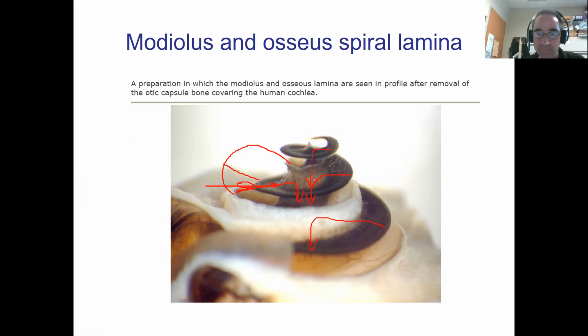So you get this spiral rope of nerve fibers that run down the center core of the cochlea that's hollow, and that's called the modiolus. Okay, so that central part of the cochlea carries the nerve fibers that altogether make up the nerve itself out to the rest of the brain.